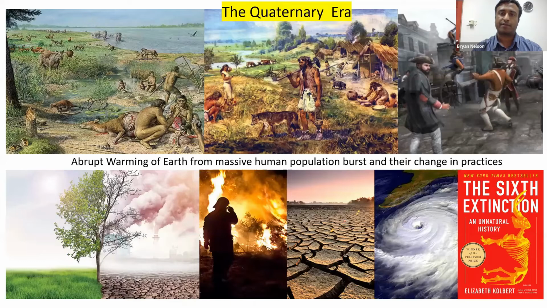And now we get to the important aspect of the presentation today, the Quaternary period. In these few sketches, in a brief manner of explanation, I would say we used to do hunting and gathering.